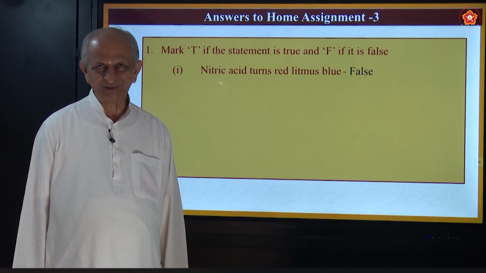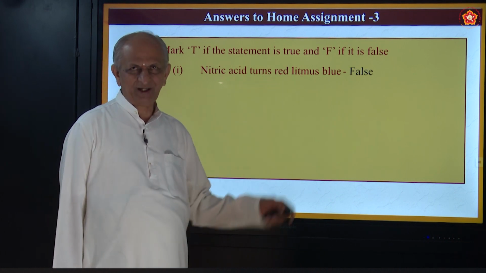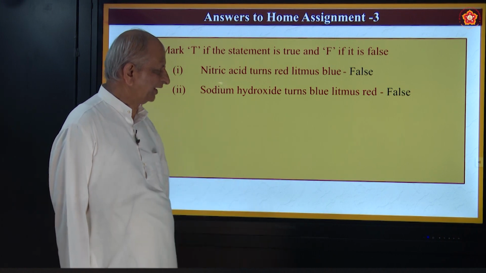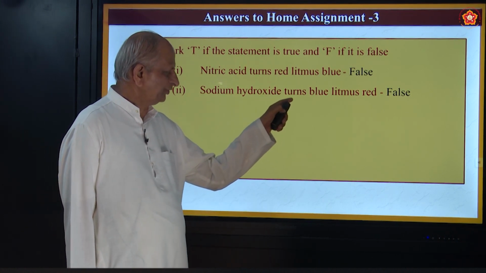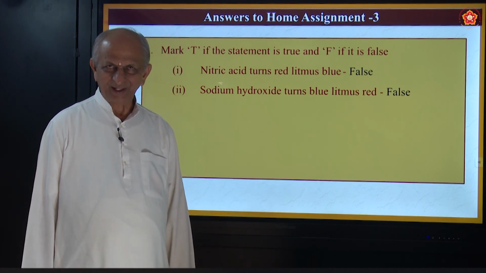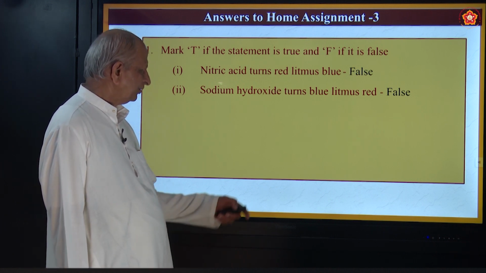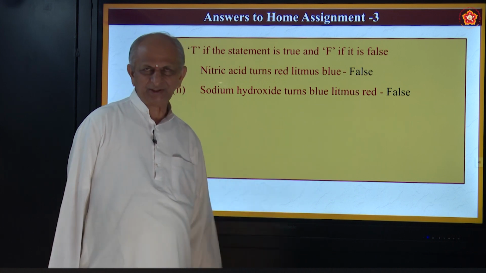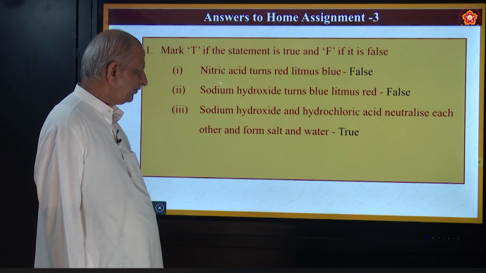No. What should it be? It should be blue litmus to red because it is an acid. So, it is false. Write it as F. Sodium hydroxide turns blue litmus red. Correct? No, it is false. Write F. What is the correct answer? Red litmus to blue. So, both statements are false.